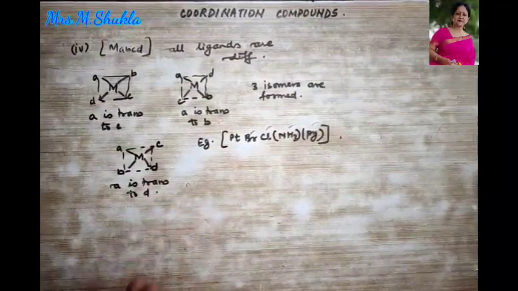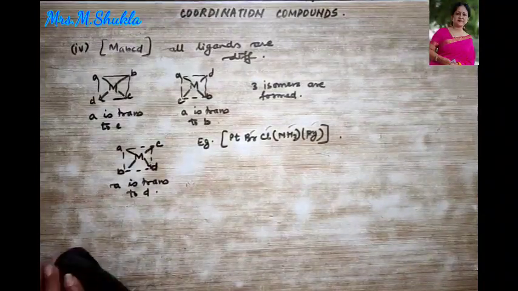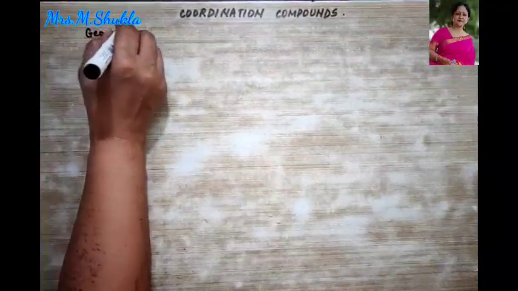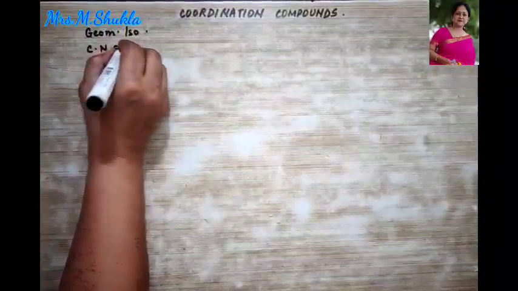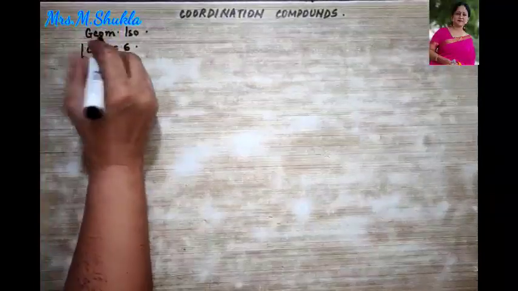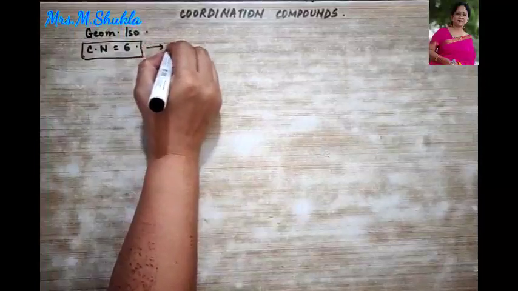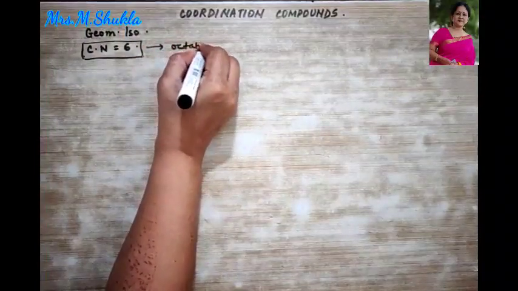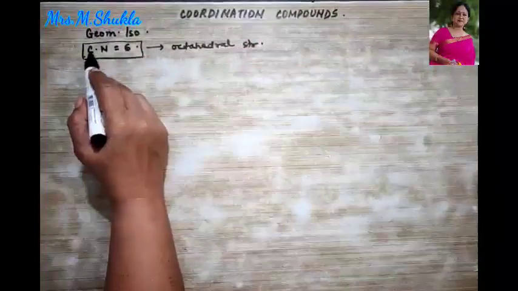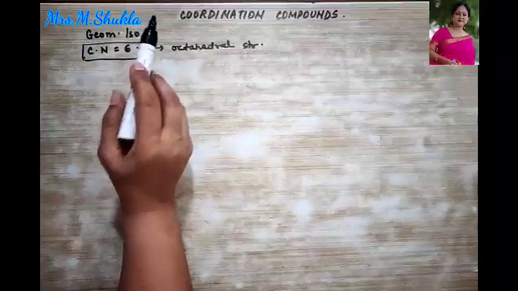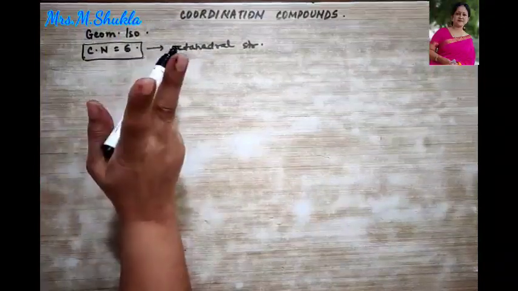Now we are going to discuss those complexes whose coordination number is 6. Geometrical isomerism with coordination number 6. What kind of structure do they form? They form an octahedral structure. If you remember, when coordination number was 4, it formed square planar or tetrahedral.